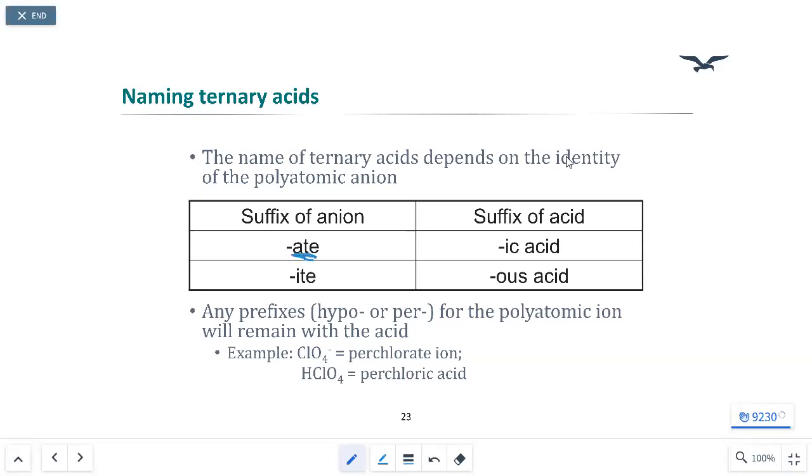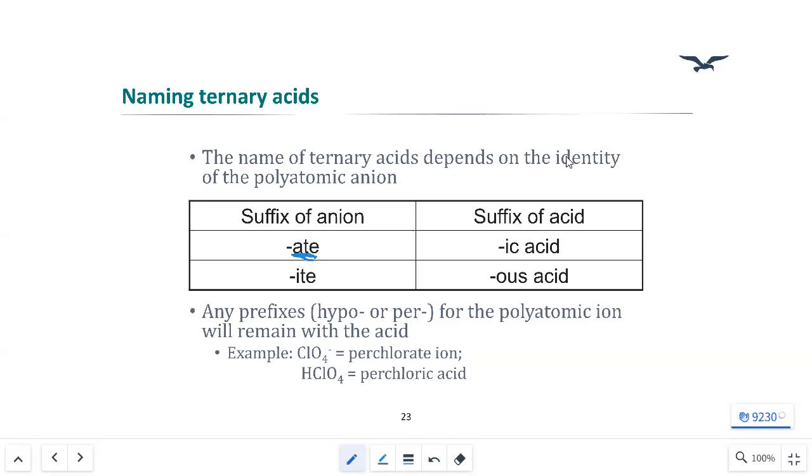So if I am dealing with an ate ion, sulfate, phosphate, oxalate, acetate, the name of that ion just gets changed from whatever ate to whatever ic acid. Sulfate becomes sulfuric acid. Phosphate becomes phosphoric acid. Cyanate becomes cyanic acid.